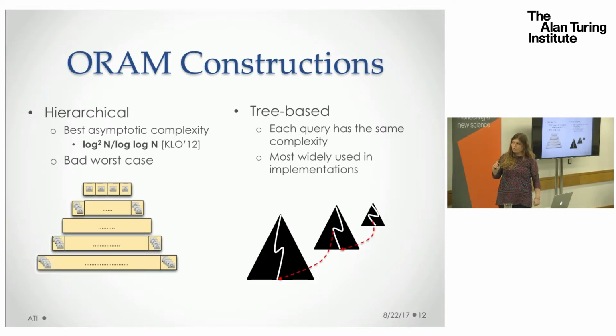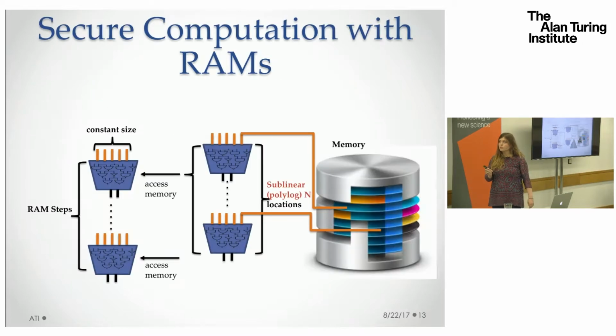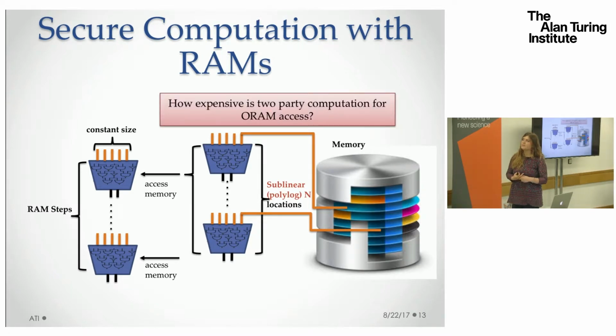So now we know what are the two flavors of ORAM constructions. And going back to the picture of constructing secure computation for RAMs, now we are armed with these ORAM constructions, we can achieve the polylogarithmic overhead over the execution in the clear that we were aiming for. But for the purposes of this talk, I will be really asking a little bit more fine-grained question.